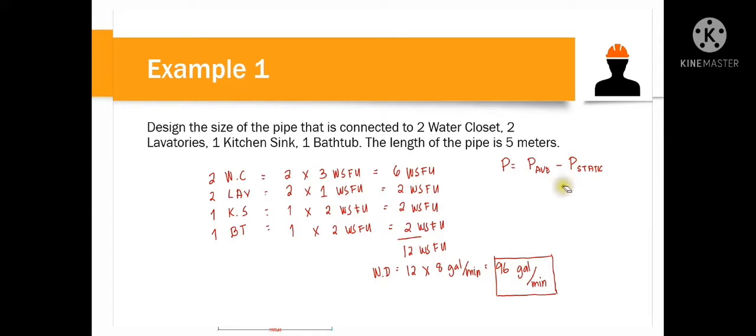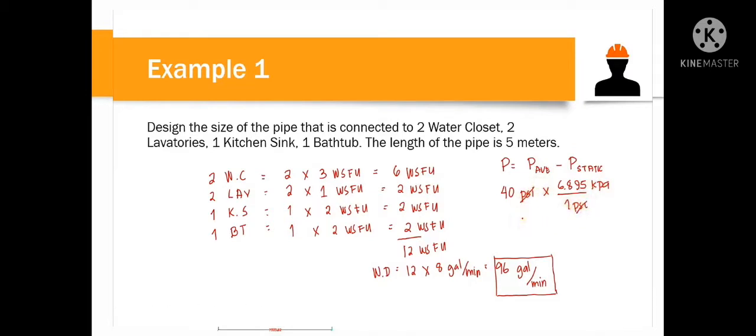But since our pressure is in terms of English unit, we have 40 PSI. So, we can convert this into metric by multiplying it by 6.895. So, 1 PSI times 6.895. That is in kilopascal. So, we cancel out PSI.